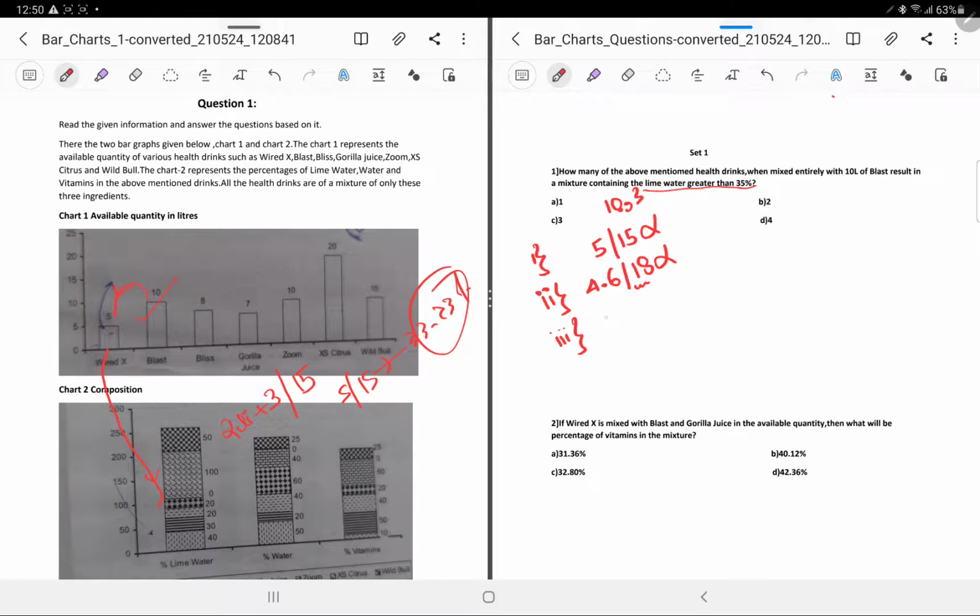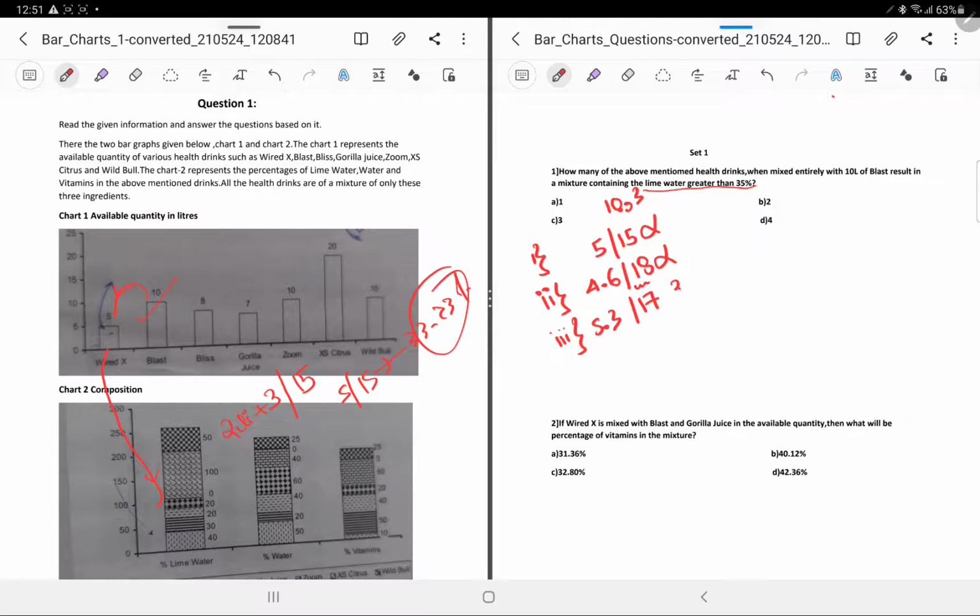Next, Gorilla Juice. So the entire thing is 17. For Gorilla Juice, the concentration is how much? 20%. So 7 ka 20% would be 1.4. 1.4 plus 3 would be 5.3 by 17. Now this is close.